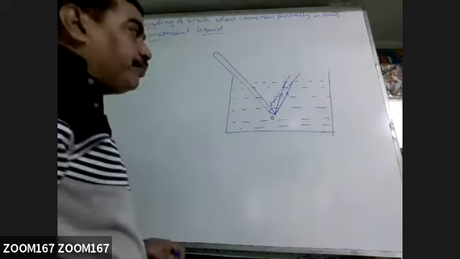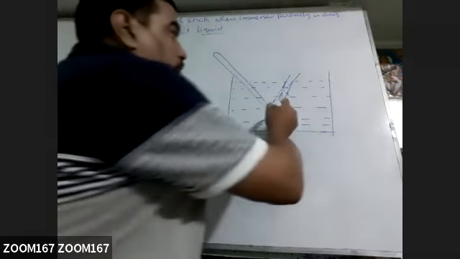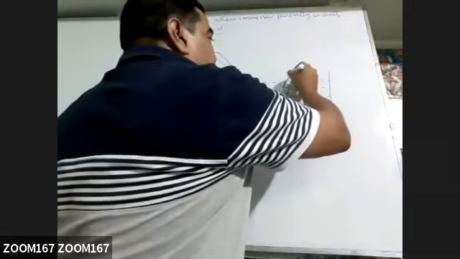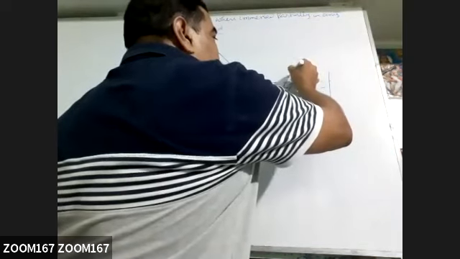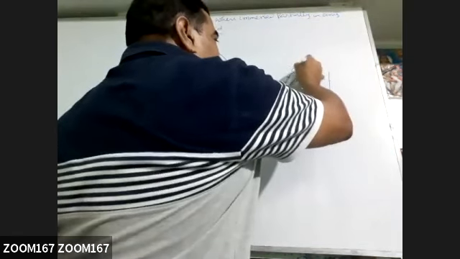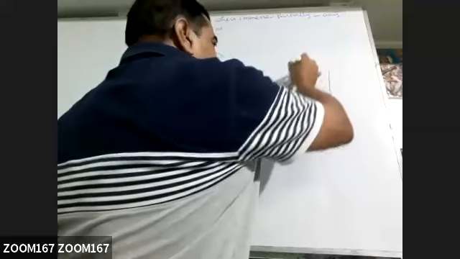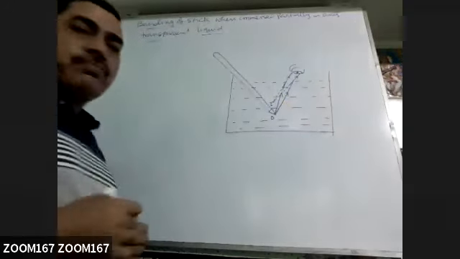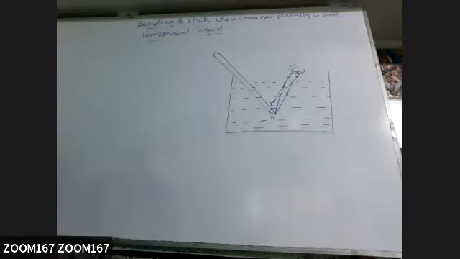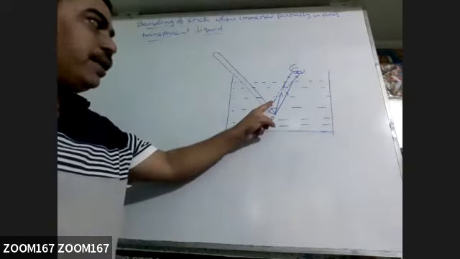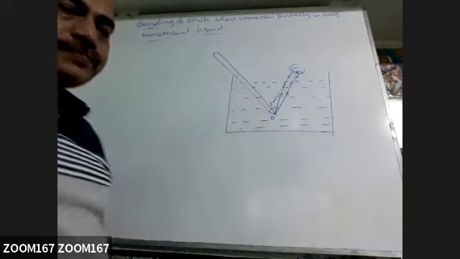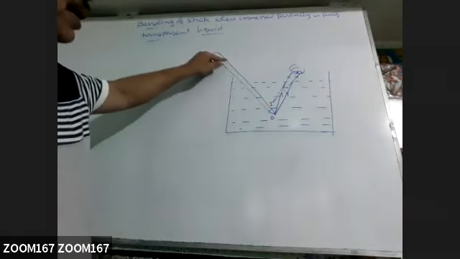Understood? So this is our incident ray and this is the refracted ray. So when these rays are entering our eye, this is appearing at this place. So this point is appearing somewhere here. But these points are appearing at the same place.